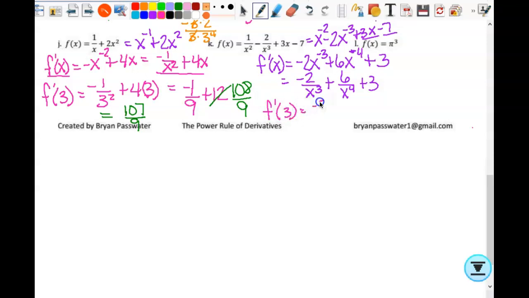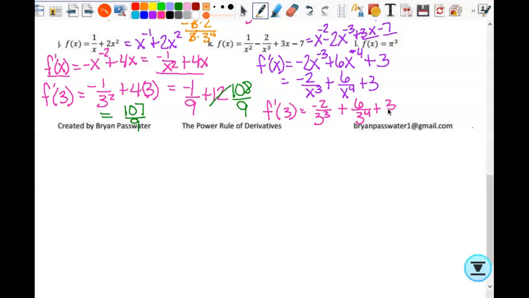So that's going to be negative 2 over 3 cubed plus 6 over 3 to the 4th plus 3. Okay, now, before we multiply anything out, let's think smarter, not harder, right? I'm going to leave my denominators as powers like this. I'm going to show you how this can help you. I'm going to make my common denominator 3 to the 4th.